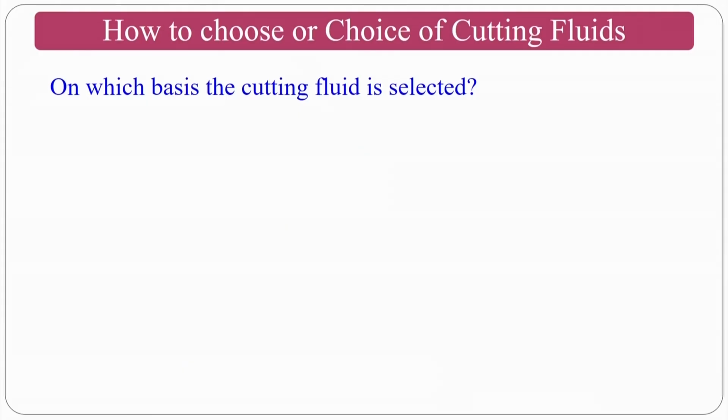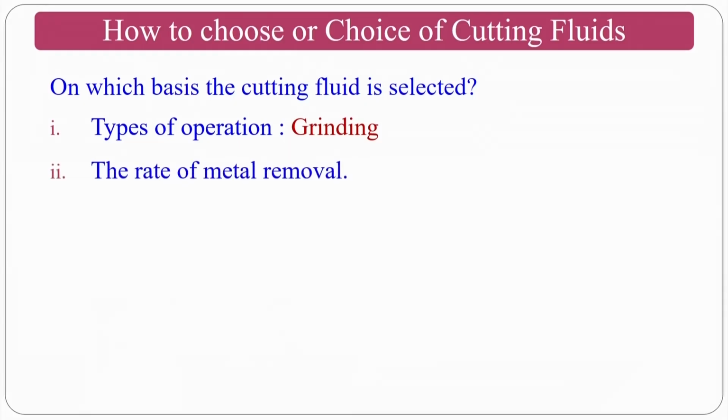So, how to choose the cutting fluid, on which basis will the cutting fluid be selected? First, the type of operation, which in our current condition is the grinding operation. The material removal criteria in grinding can be of two kinds: one is material removal, and the other is finishing.